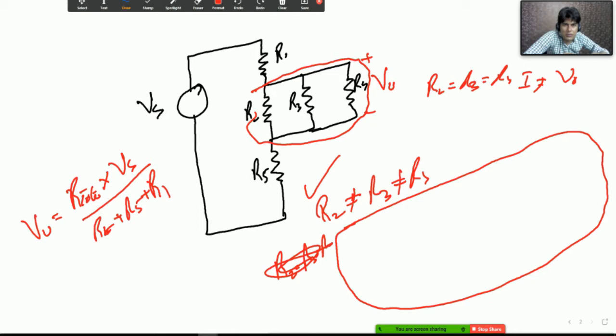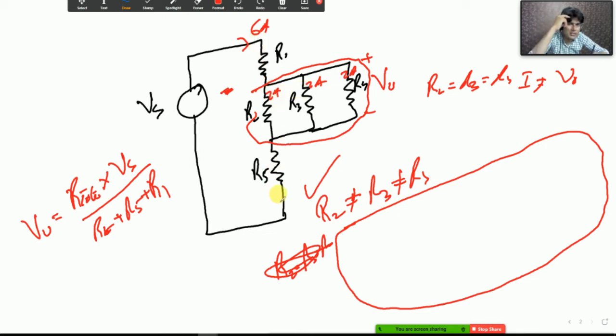You can't see my whiteboard. This is my whiteboard. If 6 ampere current is flowing, then 2 ampere will flow across each of these, if the resistors are the same. The voltage across each resistor is the same, and the current is equally divided among the 3 resistors, so 6 ampere is divided by 3: 2 ampere, 2 ampere, 2 ampere.